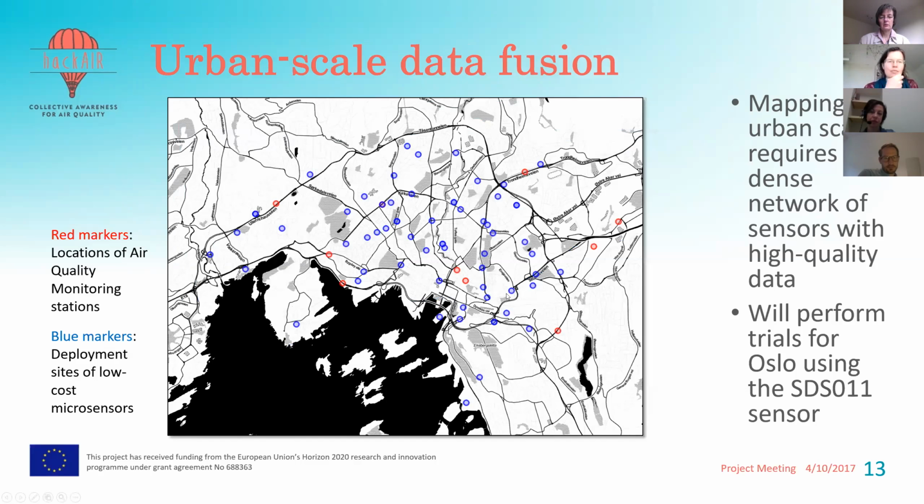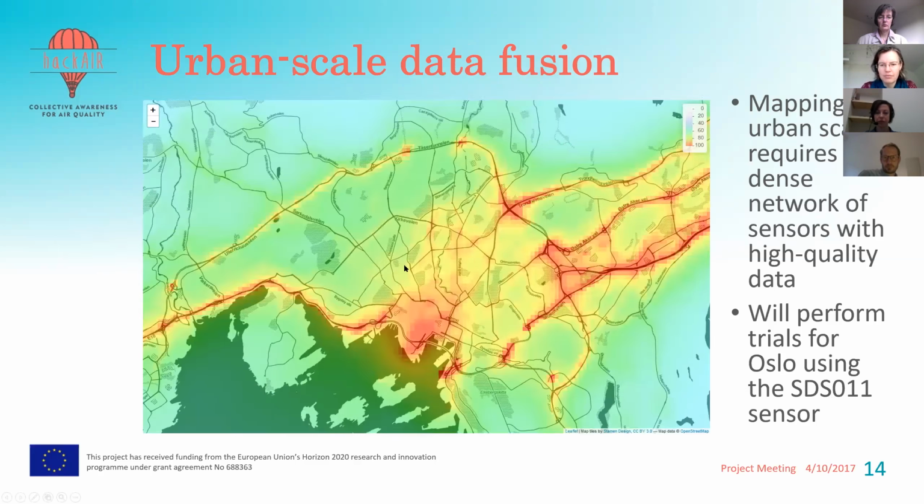If we have a network like this one, then we can really start to produce urban scale air quality maps that can provide street level estimates of pollution for individual users. Now, we want to try this for the SDS011 sensors, and we're hoping that we can get enough in Oslo. When we do, we can produce maps like this, which provide the air quality estimate at a very fine grain, where you see here in Oslo the downtown area with the highest pollution.